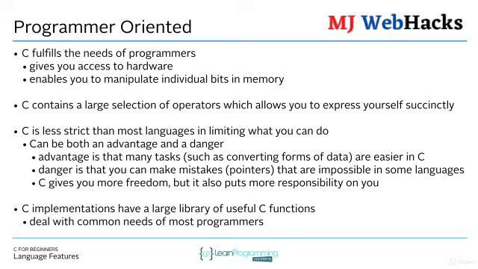And so C has all sorts of library functions to read data from the keyboard, to write data to files, to create all sorts of nice things with different processes and threads. So the fact that a lot of implementation comes with the language and you don't have to implement it yourself, you just have to learn how to use the libraries, is very advantageous and very programmer-oriented.